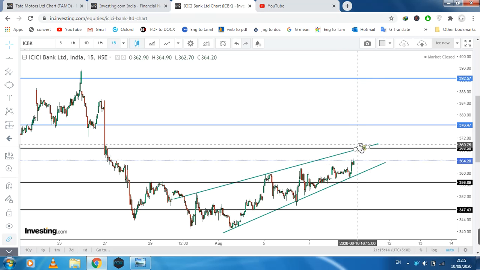So these three things are needed for the market to go down again, because this is a good resistance. We also know this is a good one hour resistance, and this is the upper line of the wedge, and also a good trend line here.